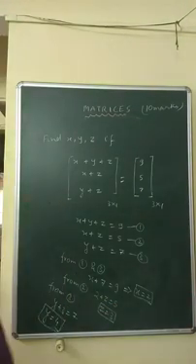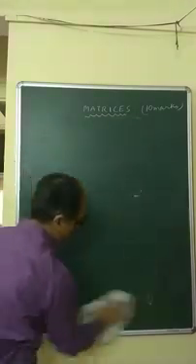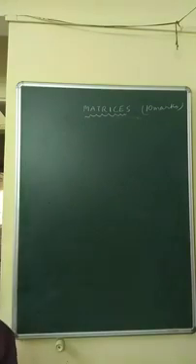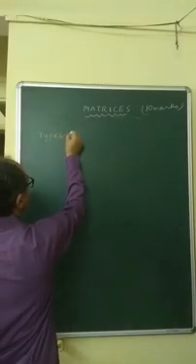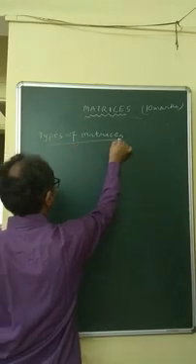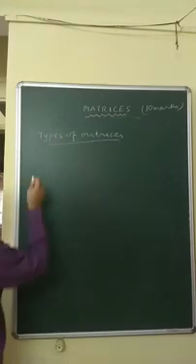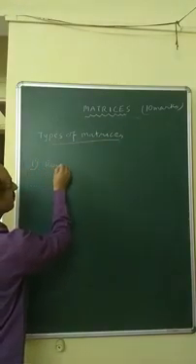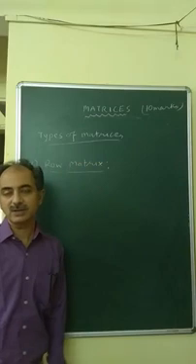Now, next concept is types of matrices. First one is row matrix.